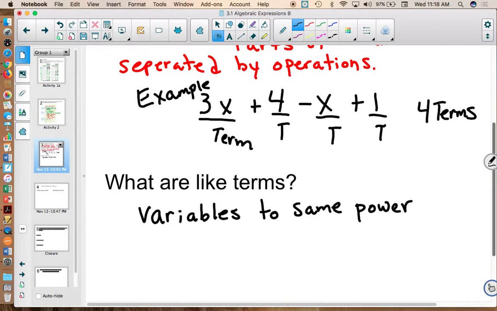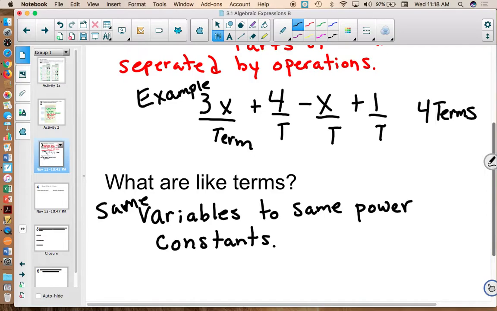Okay? So constants are also like terms. And I should say the same variables to the same power. Okay? I'll explain this to you with an example in just a second.